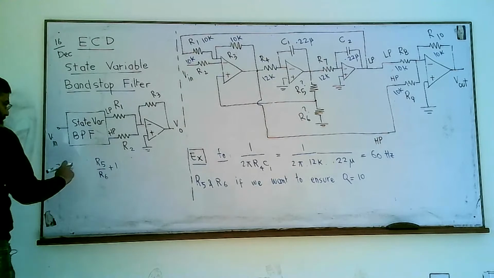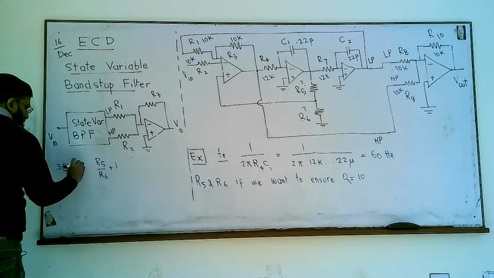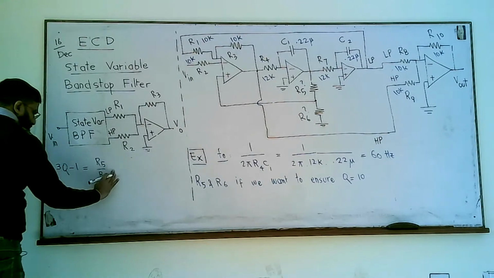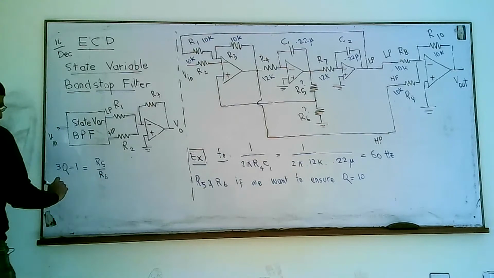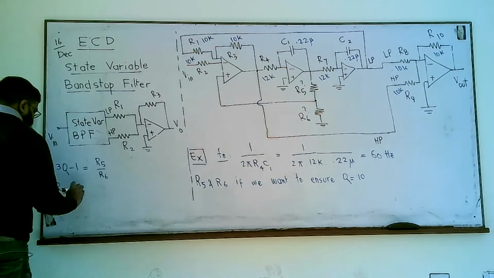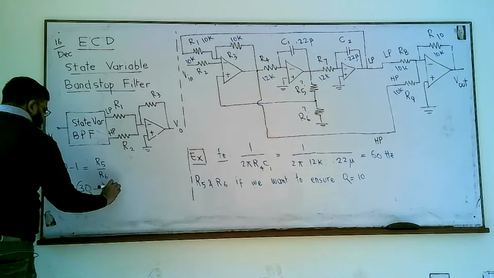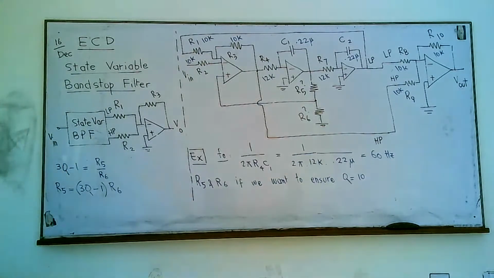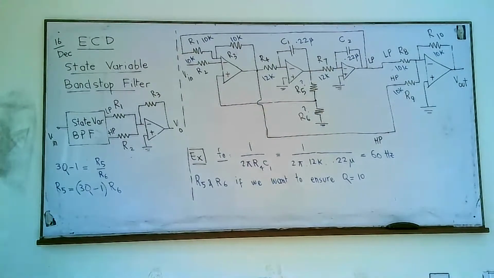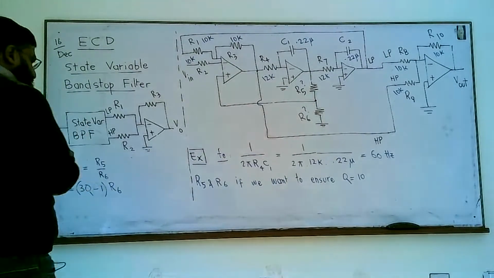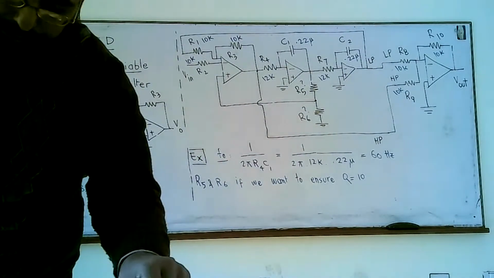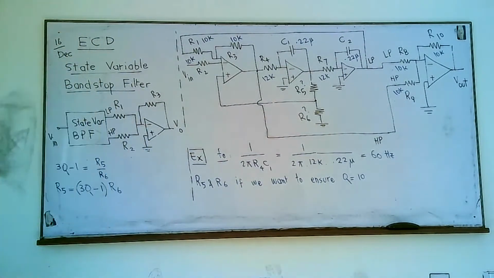So if we take this 1 here, 3Q minus 1 is R5 over R6, or it can also be written as R5 is 3 times Q minus 1 times R6. So if we select one value of R6, we are free to choose that, we can compute the value of R5. So now it's the matter of our choice.